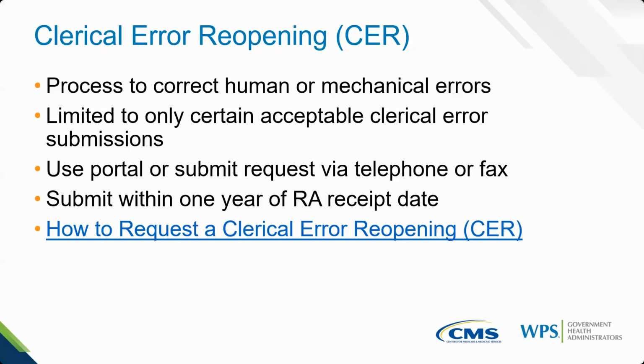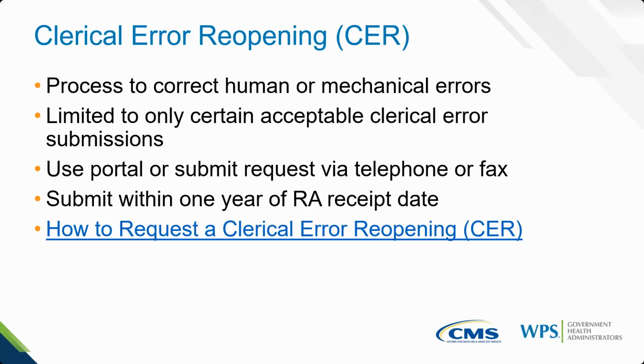It lists those errors that are available to be rendered using this process, those that cannot be processed as a clerical error reopening. It also tells you how to submit your request. You can do that via telephone or fax, or you can use our transactional portal. And remember that the self-service option is always the quickest.